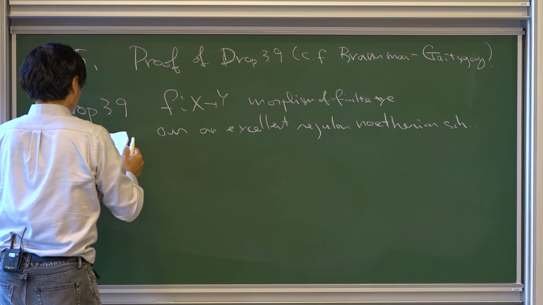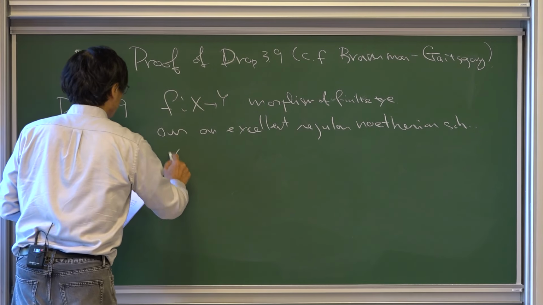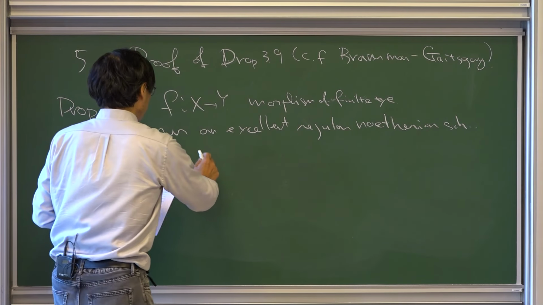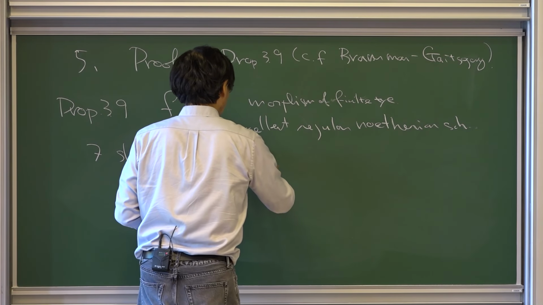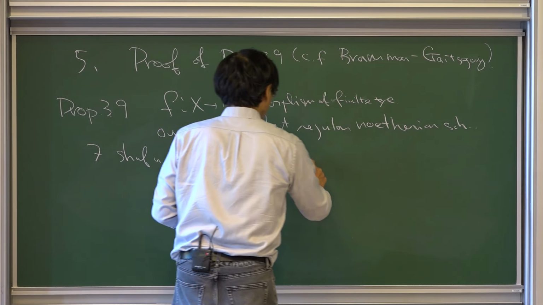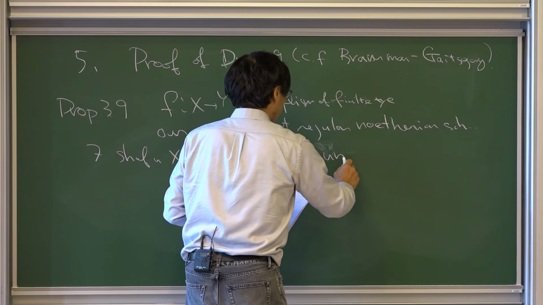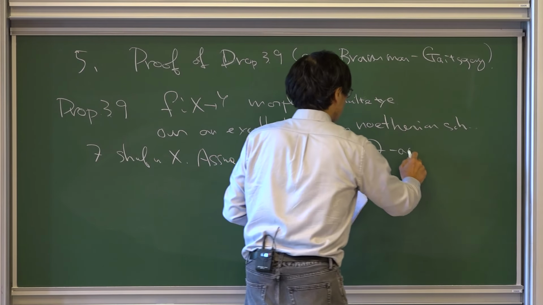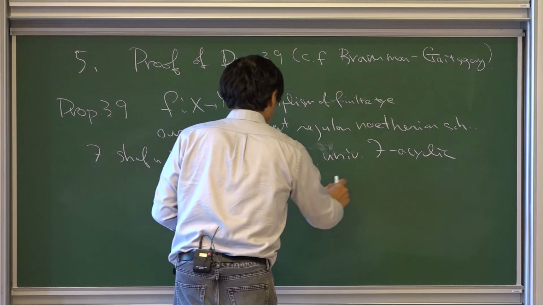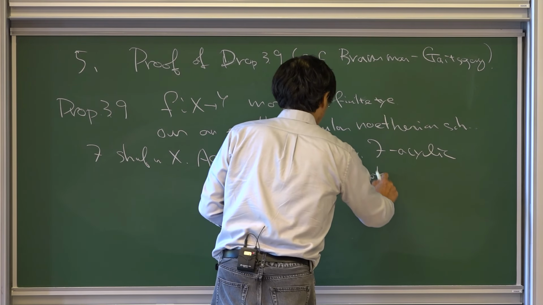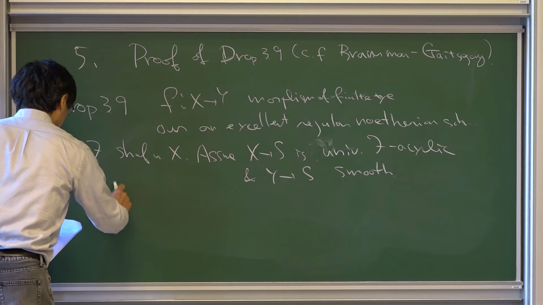Okay, and F is a sheaf on X, and assume X to S is F-acyclic, universally F-acyclic, and Y is smooth. Then the following are equivalent.